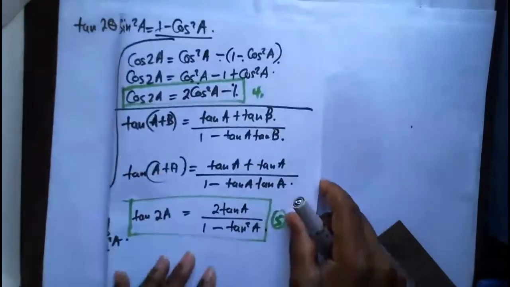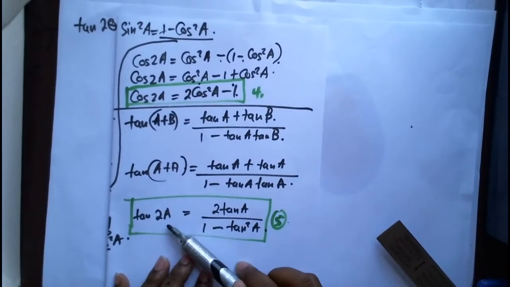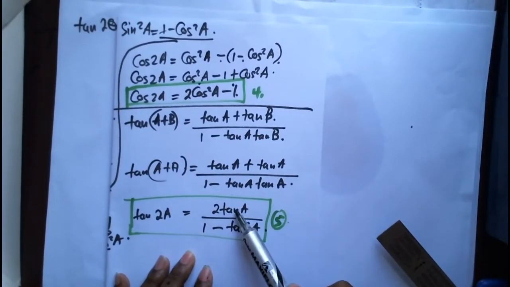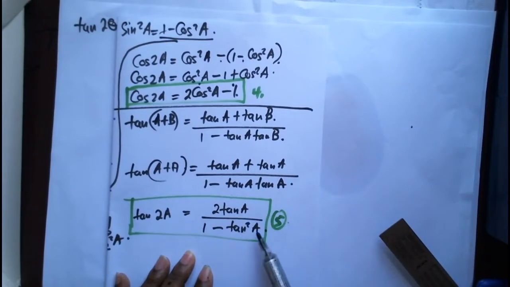So tan 2 theta, we know from our double angle formula, tan 2A is equal to 2 tan A over 1 minus tan squared A. That is our formula.